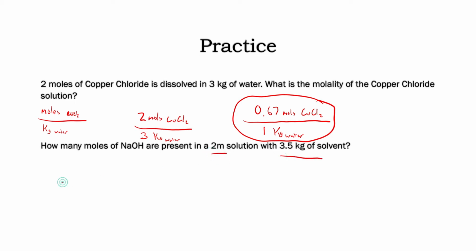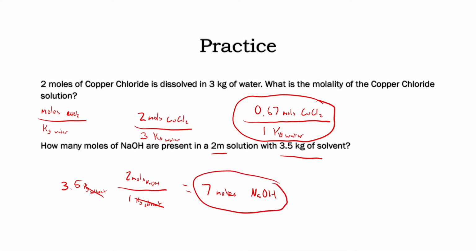So you have 3.5 kilograms of solvent, and your molality is 2 moles NaOH per 1 kilogram of solvent. These kilograms of solvent will cancel out, and you will just end up with 7 moles of sodium hydroxide.